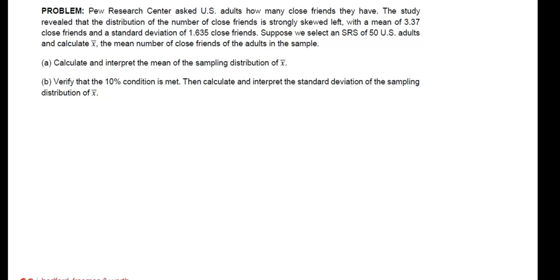Well, the mean's pretty easy to calculate. It's 3.37 close friends. Interpret: if we take all possible samples of size 50 from the population of U.S. adults and ask them how many close friends they have, the average number in the sample would be 3.37.